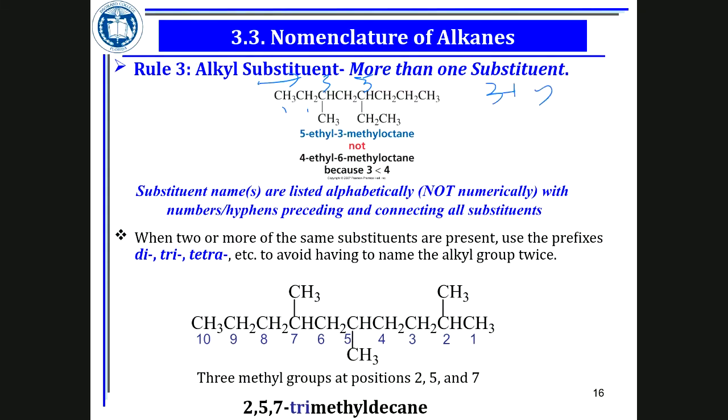If you number from right to left, you would get 1, 2, 3, 4, and then 5 and 6. So it would be 4 plus 6. This is going to be 8. That is going to be 10. And that's why you're not numbering from right to left, you're numbering from left to right.